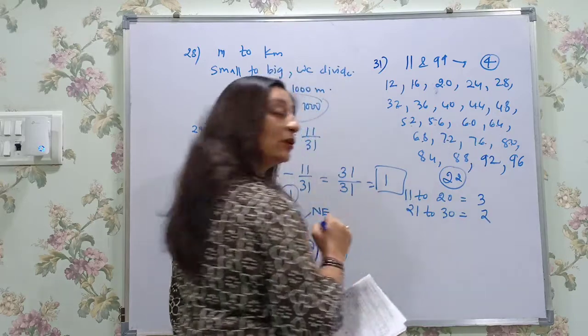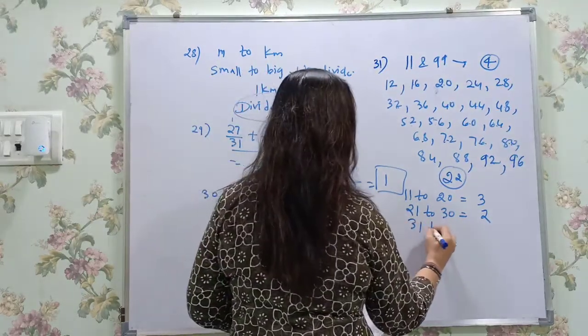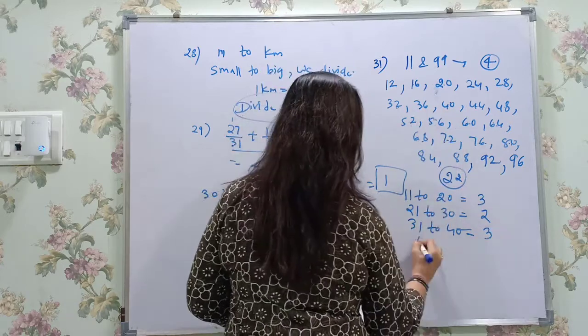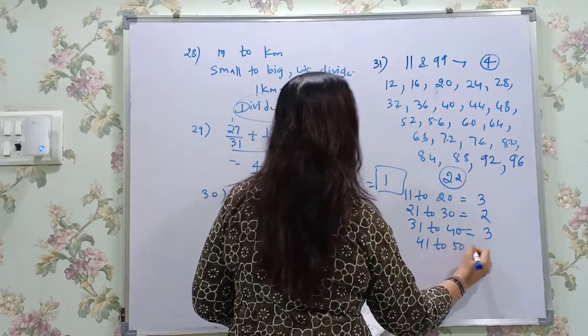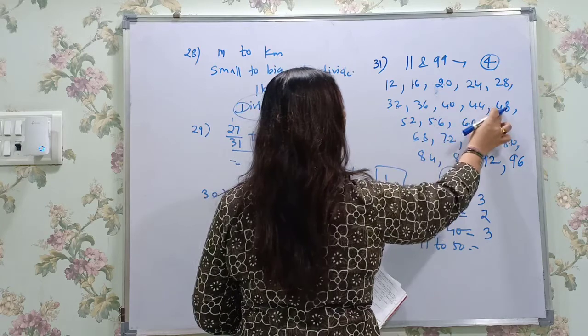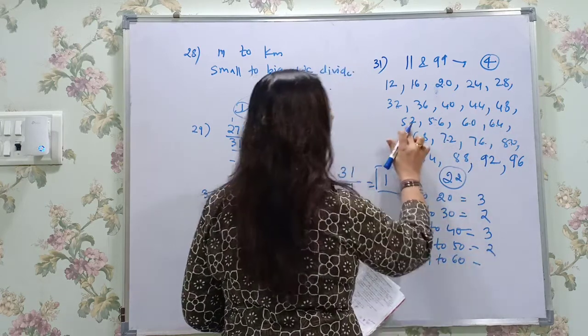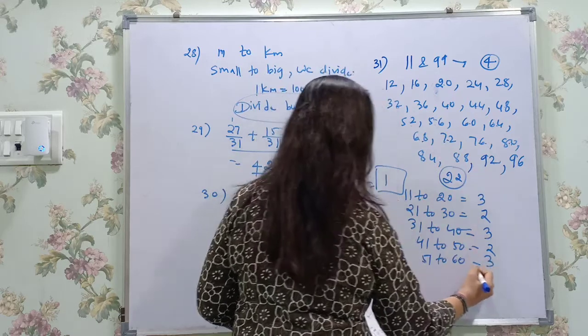So 2. Like that also you can add. From 31 to 40: 1, 2, 3. Right? From 41 to 50: 1, 2. From 51 to 60: 1, 2, 3. So see, there is a pattern.